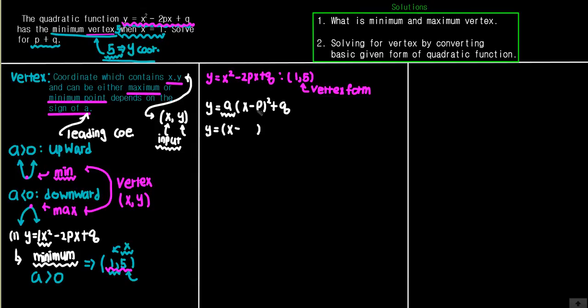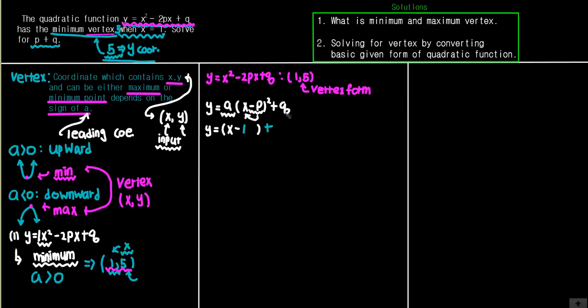But the p value should always be opposite. The p value with the sign should always be opposite to the x value, and this is how we notate it. We know that the x value is 1 for the minimum value as a vertex, so we can write it as -1.